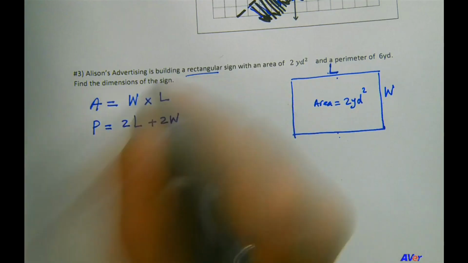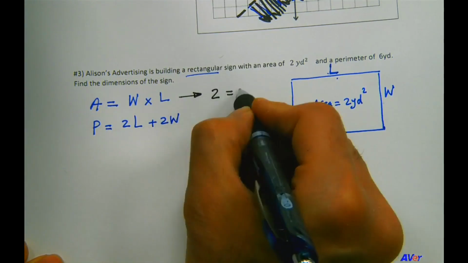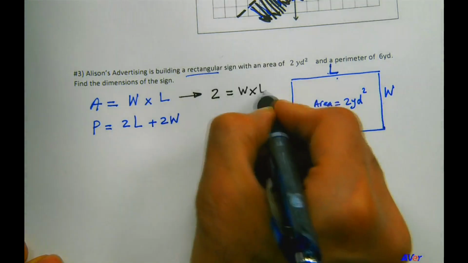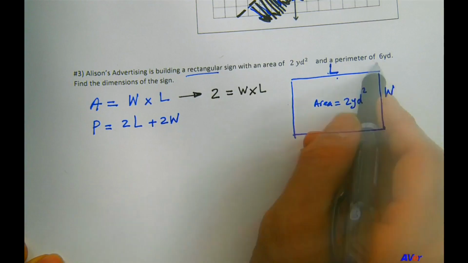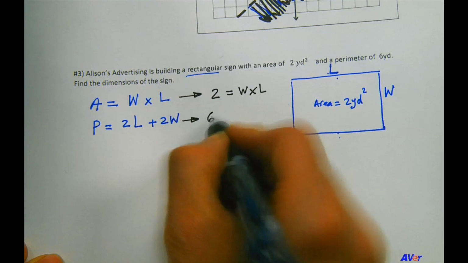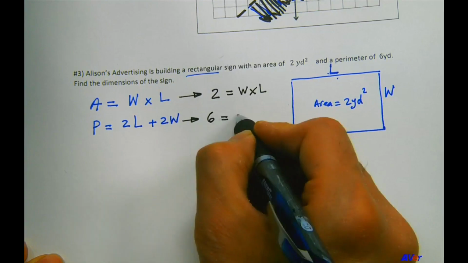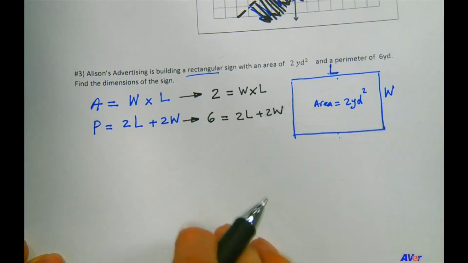So we know that 2 yards squared is W times L, right? And then the perimeter is 6 yards. So we can say that 6 equals 2L plus 2W.